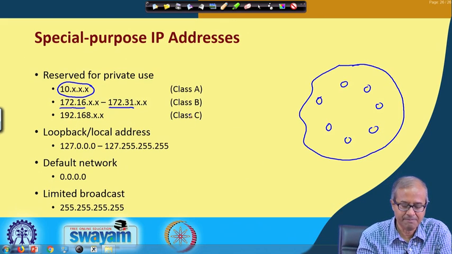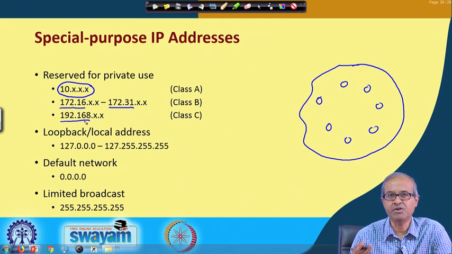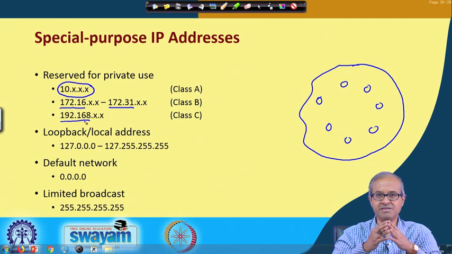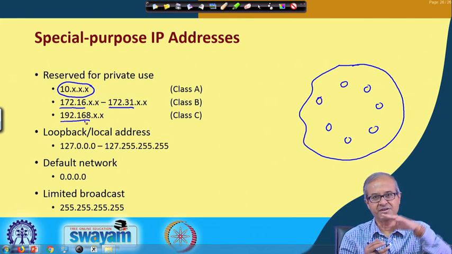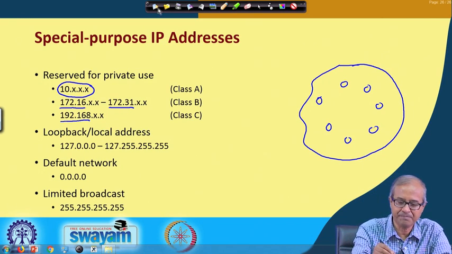Similarly, for class C, 192.168 is a private class C network. There are many cases where you use private addresses inside your organization, but when you are going out of the organization, you use some kind of a network address translator or some kind of an address translation mechanism to get a unique address, or a proxy server, to access the outside world. This is how it works.